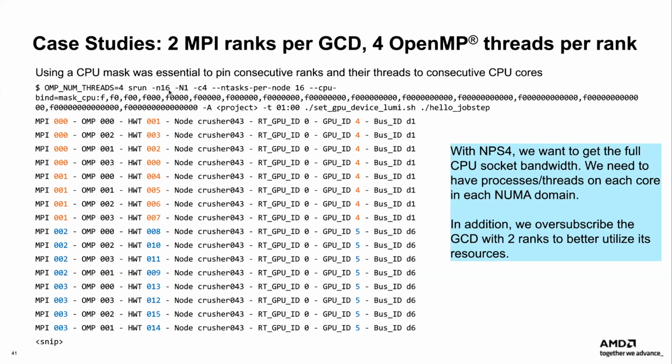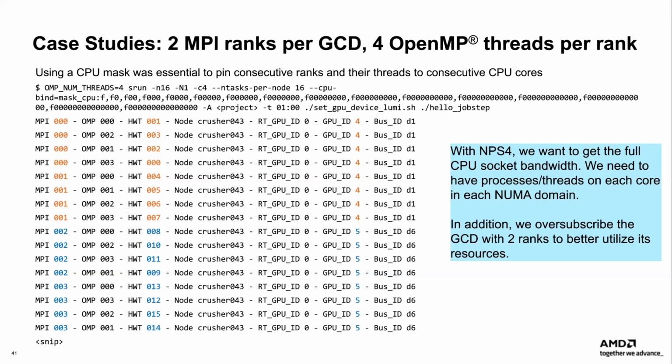So we are going to oversubscribe, with 2 processes running on the same GPU device, which in this case means ranks 0 and 1 are running on GCD 4. For rank 0, all the different threads are using cores 0, 1, 2, and 3, and rank 1 is using 4, 5, 6, and 7. So they're all packed close. All the threads of a given process are packed closely.